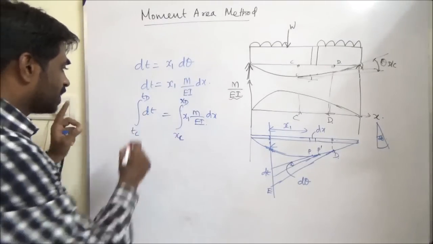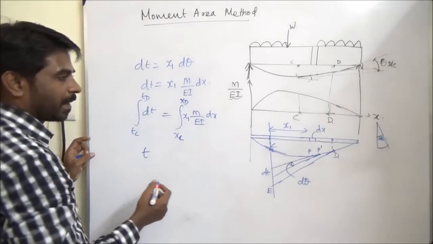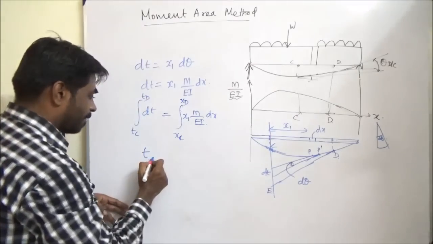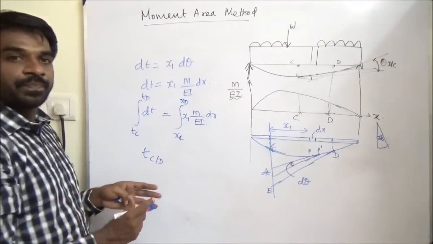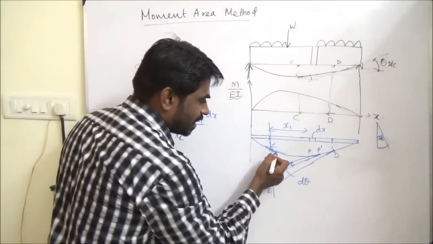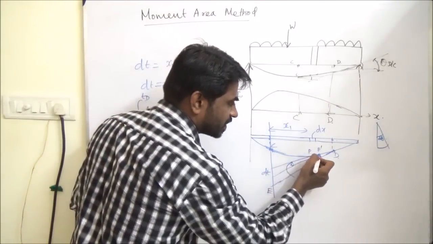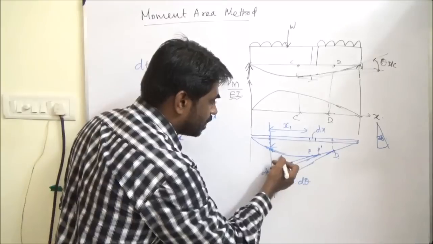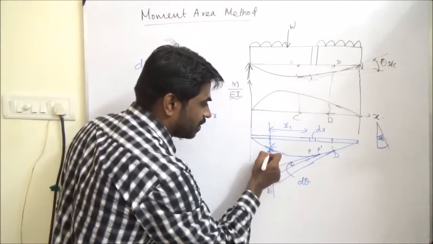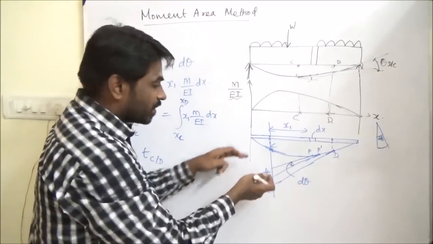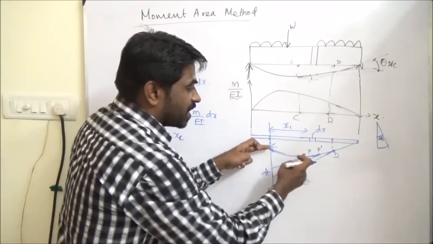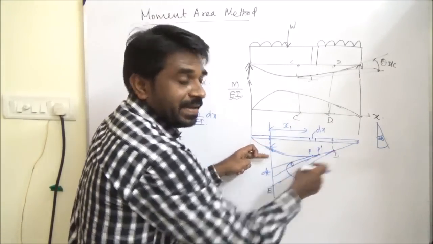Okay, now this we can write as, okay, tangential deviation of C with respect to D, between C and D. So what happens, take any point on this curve between C and D, the tangent will sweep through C from C to E. So this is the tangential deviation of C and D, okay.